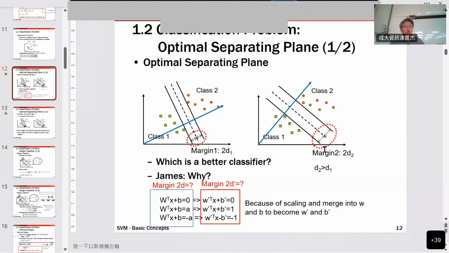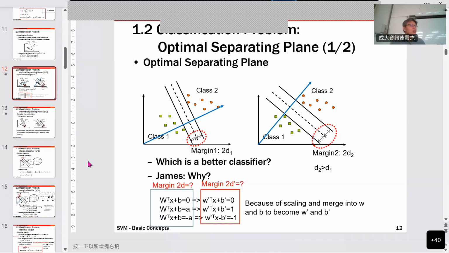In order to define the margin, you find there are two lines here. The margin is defined by two lines. Right now, the best face recognition methods using deep learning include the margin in the loss function. What we talk about now, discrimination or SVM, is actually all related to the loss function.